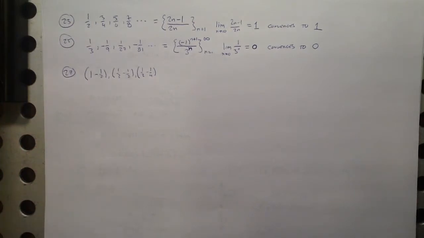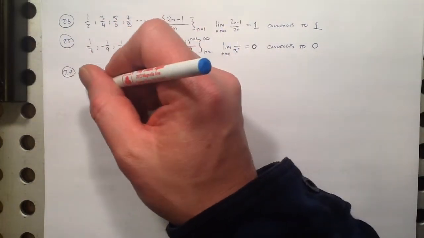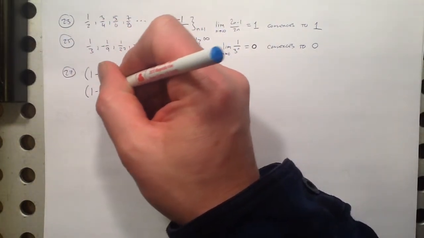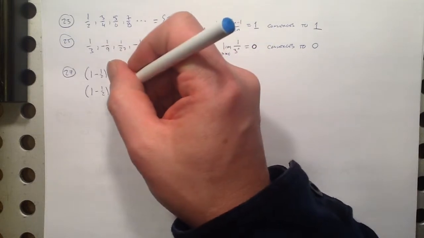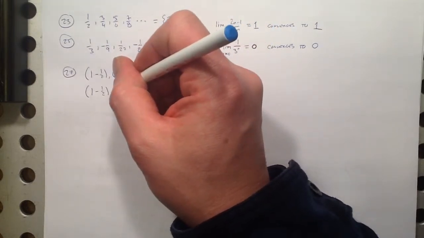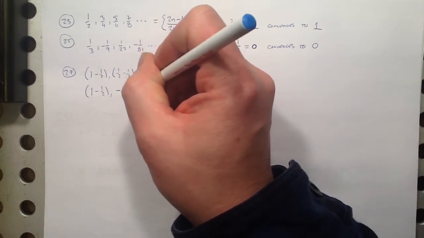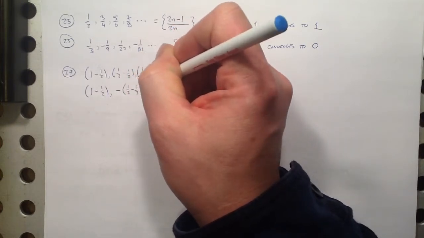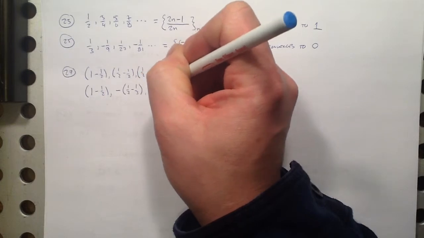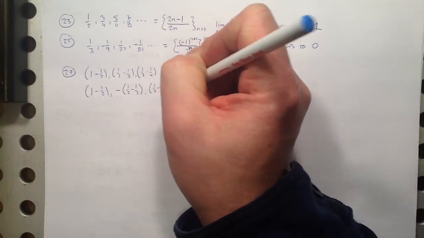This is, I think, a more challenging one to come up with a general term. The first thing that I think it'd be very helpful to recognize is that this is the same as negative 1/2 minus 1/3, and then positive 1/3 minus 1/4, etc.